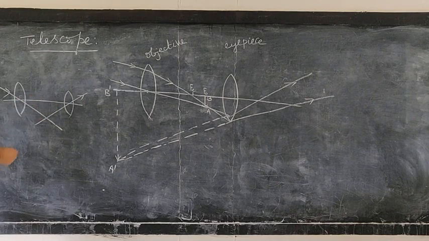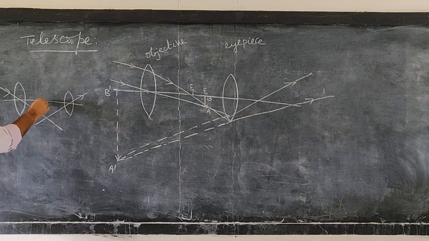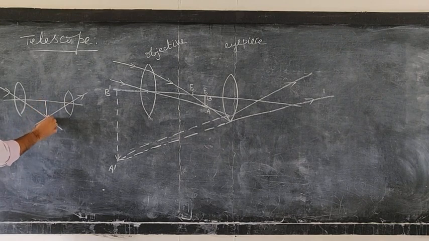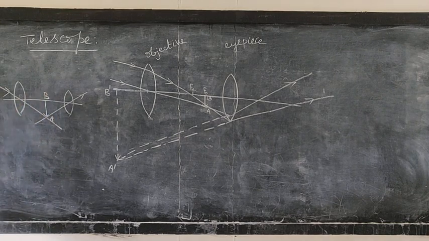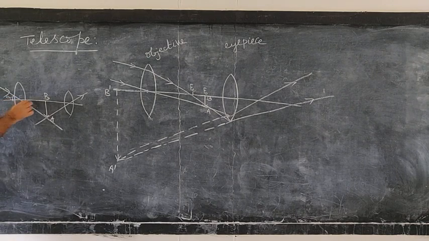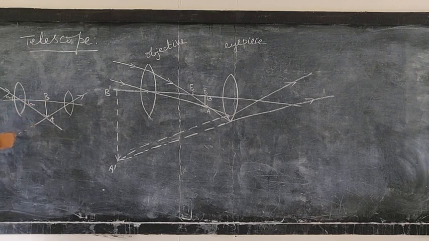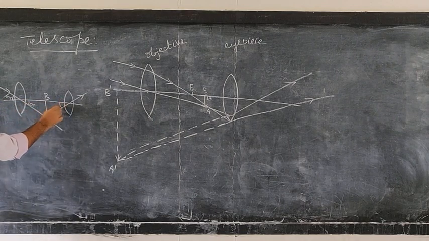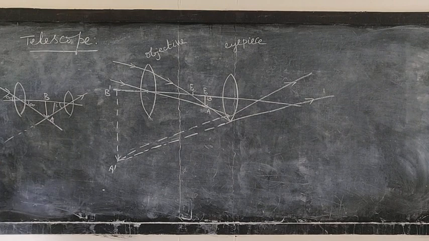Now, this is the image formed by the objective lens. Let us suppose this is the angle made by the object at the eye, and this is the angle made by the image at the eye.